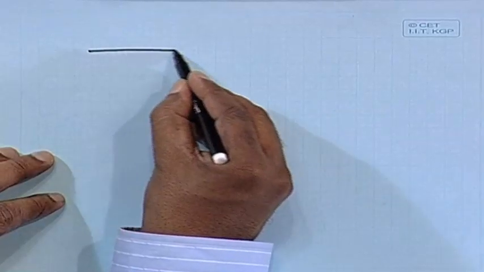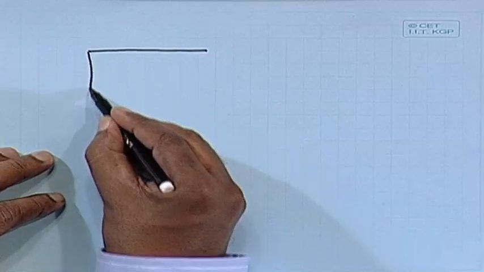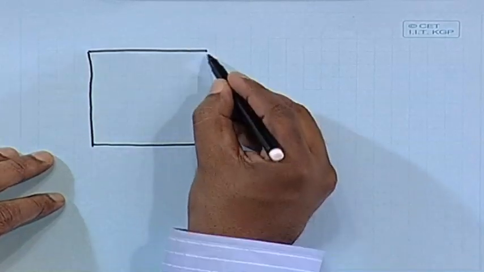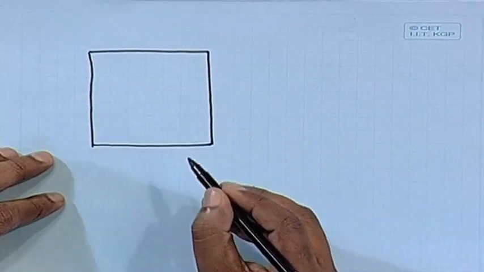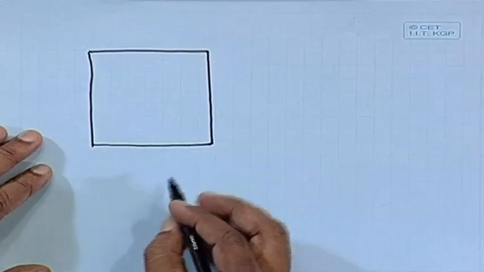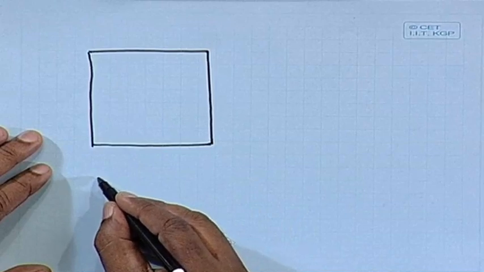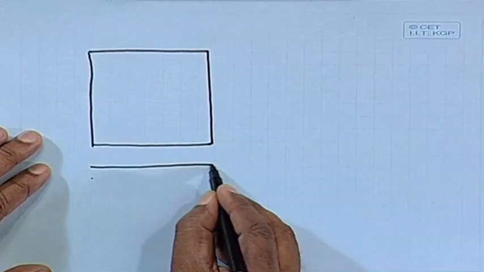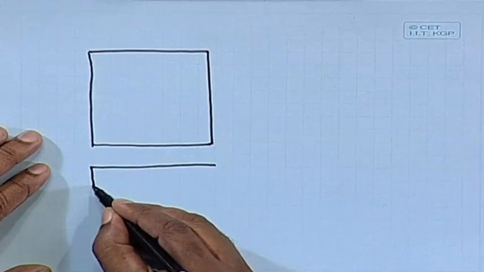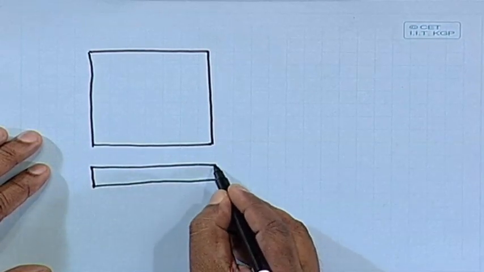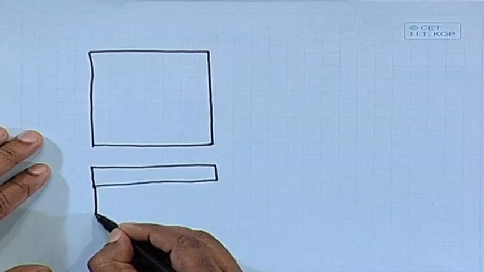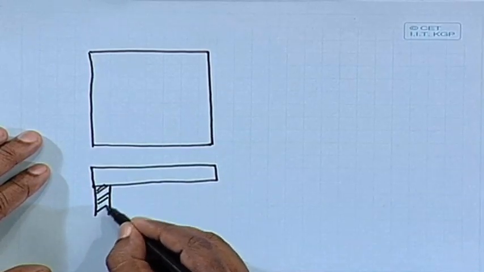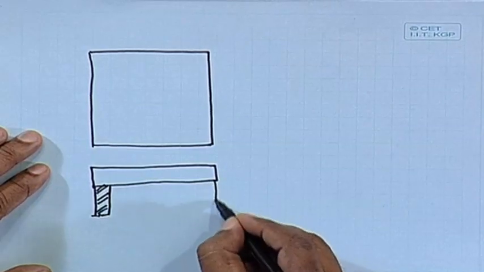Let us take this as your one panel for which we are considering. As our problem says, this is the beam, slab supported over masonry wall on both sides.